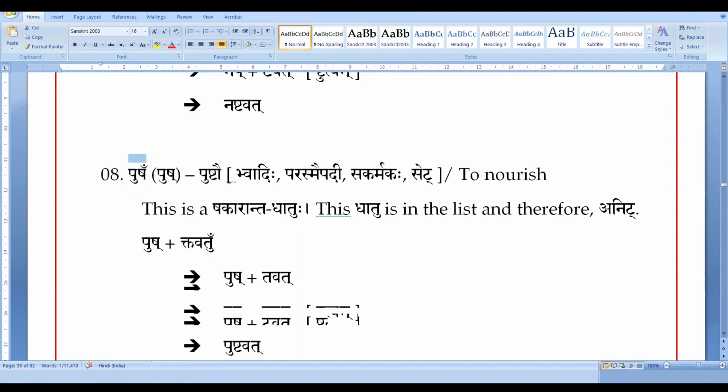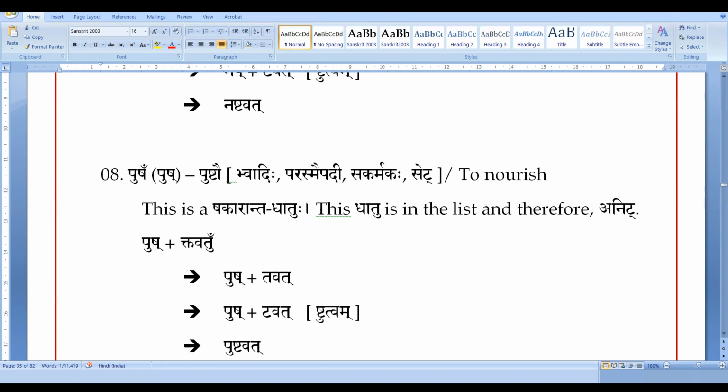Bhvadi gana becomes Poshati. Remember in the infant reader we saw Poshati, Poshayati also. Push dhatu is nourish. What is Poshati? 10th gana, Churadi, that is Poshayati. Mother nourishes a child. The cow's milk poshayati. We saw, right? Poshati means nourishes.